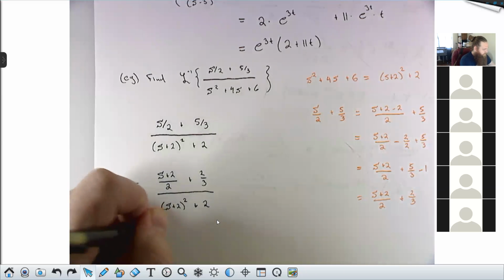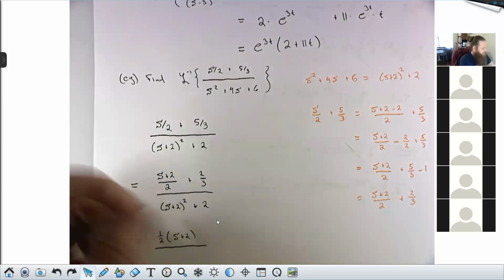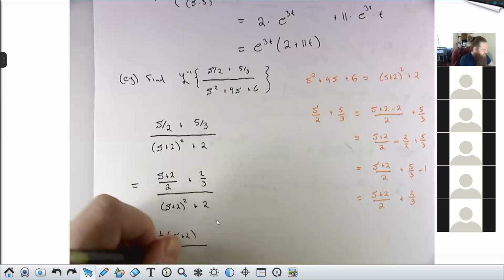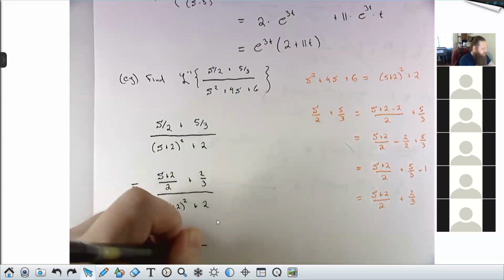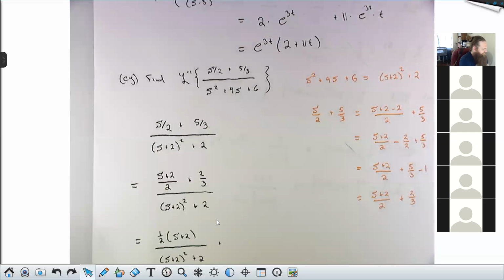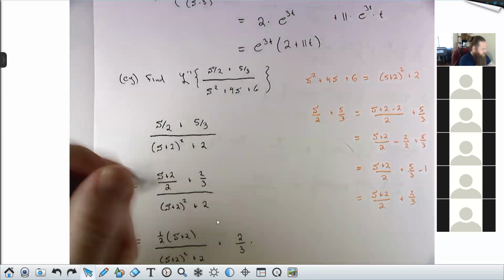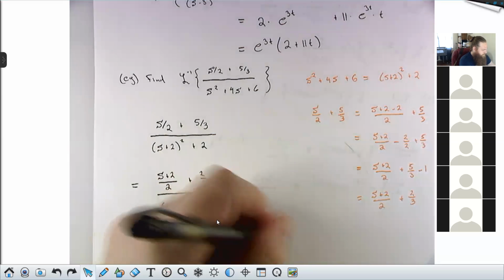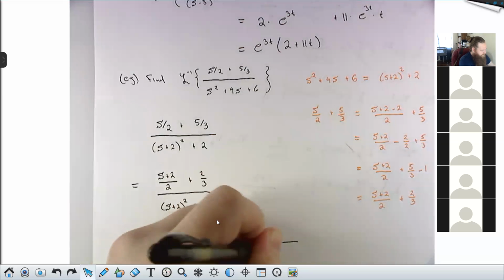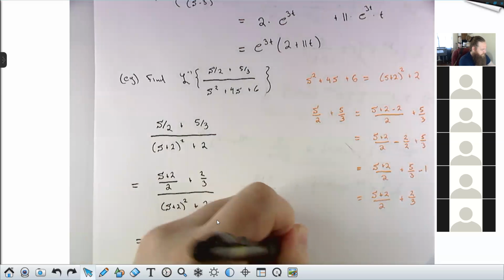So this is 1/2 times (s plus 2) over that denominator, s plus 2 quantity squared plus 2, plus, I don't think I'm going to need any of that stuff, so I'll just write it as 2/3 times 1 over s plus 2 quantity squared plus 2.